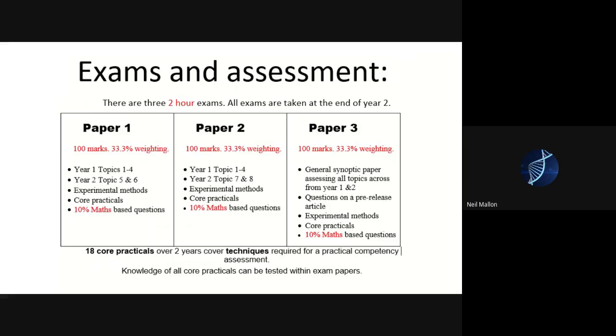But also there are some questions that you need to answer on a pre-release article where the examiners give you the article to read up on before the actual exam, and then you're required to answer questions on that particular article. And then again, they can also ask you questions on the experimental methods and core practicals covered in both years. And at the bottom, you can see we do a total of 18 core practicals over the 2 years that cover techniques which are required for practical competency assessment.